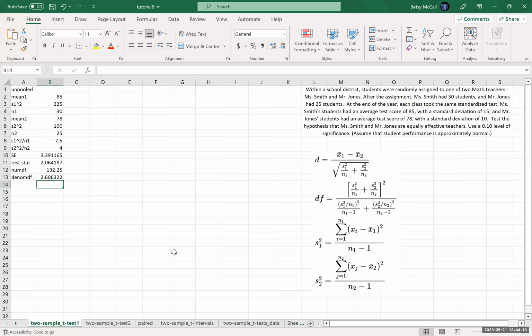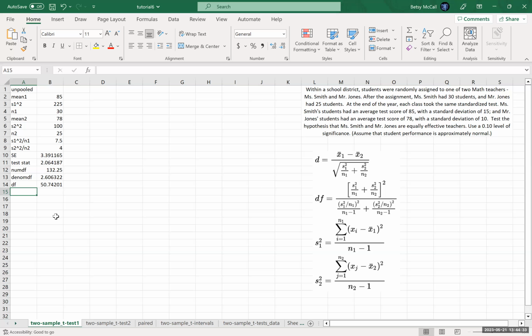Okay, there's no square roots or squares over the whole thing. It's just that. And then the degrees of freedom is going to be that numerator divided by that denominator. So that's our degrees of freedom.